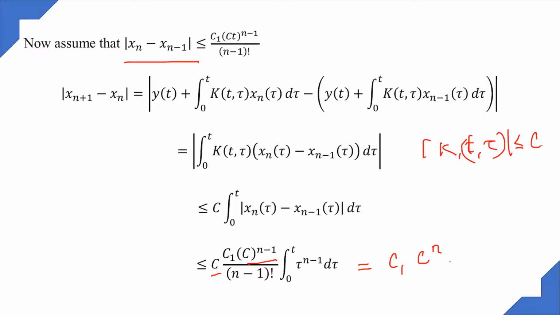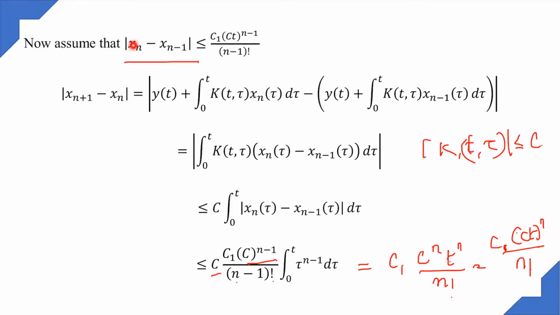Integral of tau to the power n minus 1 is tau power n divided by n between limits 0 to t, which is nothing but t power n by n. So we will get t power n divided by n minus 1 factorial times n, which is n factorial. So this is c1 ct to the power n by n factorial.